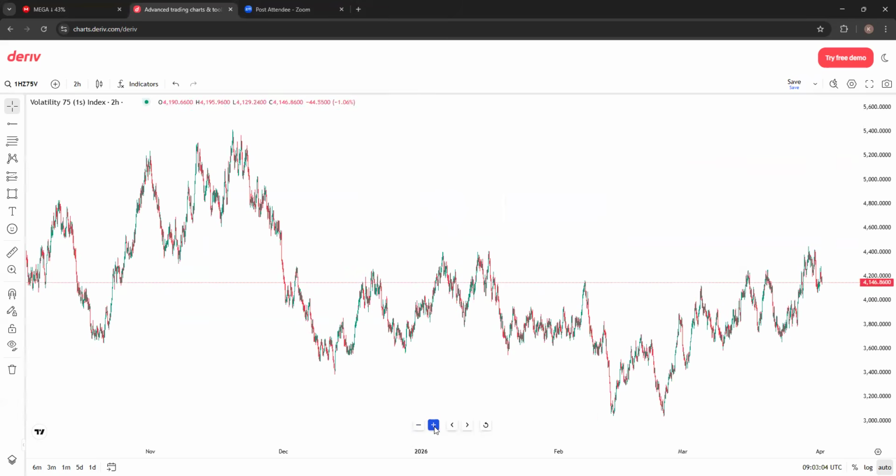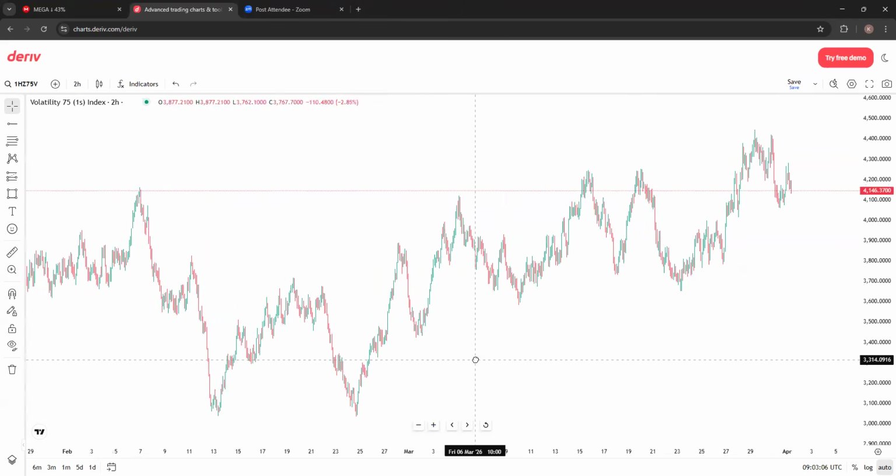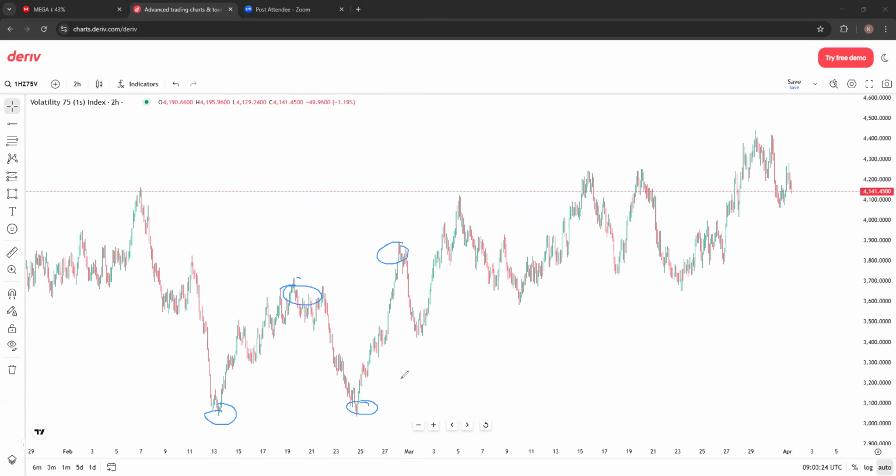So what we can generally see here is we have a high. Let's say this was our A move, this was our B, then this was our C, and this was our D move.